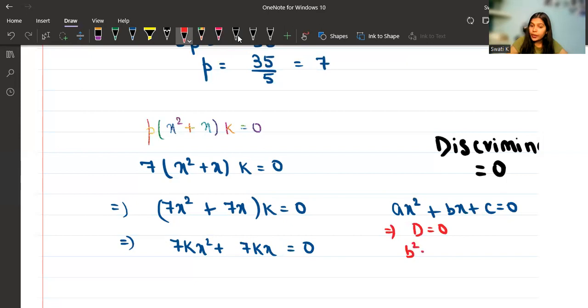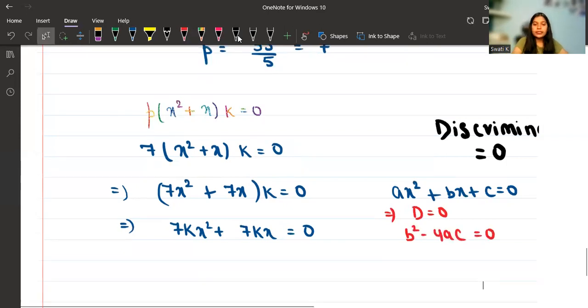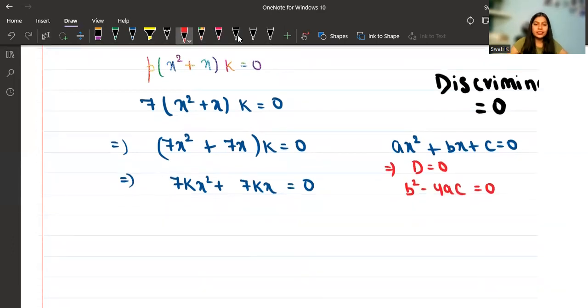It is b square minus 4ac equals 0. See, this is in the form of ax square plus bx plus c only. C is not here, that means c is 0. So what is a? First of all, a is 7k. What is b here? B is also 7k. And c is nothing, that means c is 0.